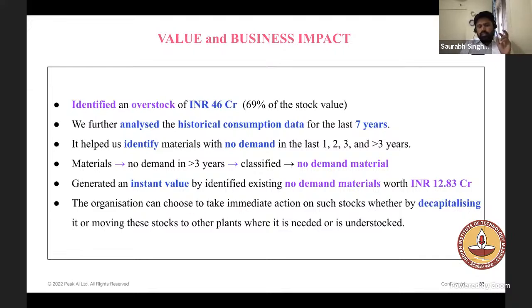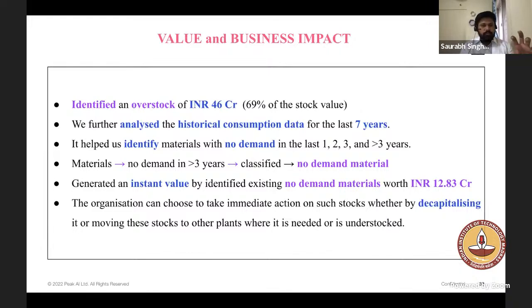This kind of AI is very simple and very nimble, in the sense that you just need to get your data right, and then run some simple queries which can help you identify things like what your obsolete material is, and what decisions you can take to free up the clutter accumulated over a period of time, and optimize your inventory level. You can get your revenue back out of that blocked capital.